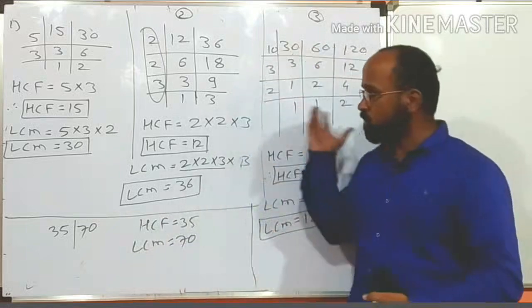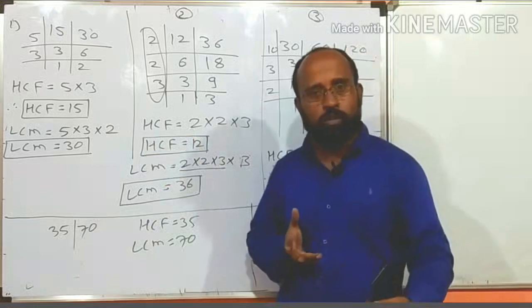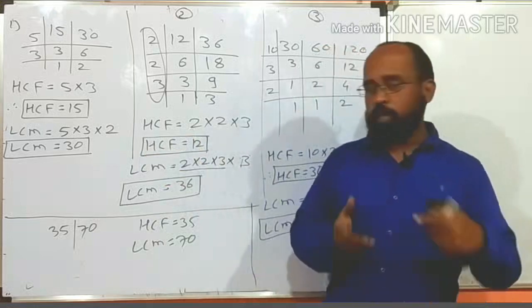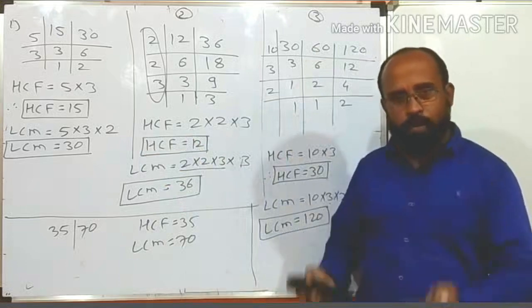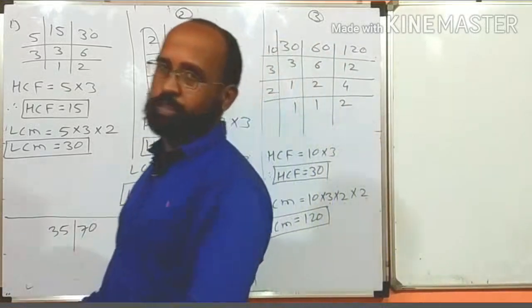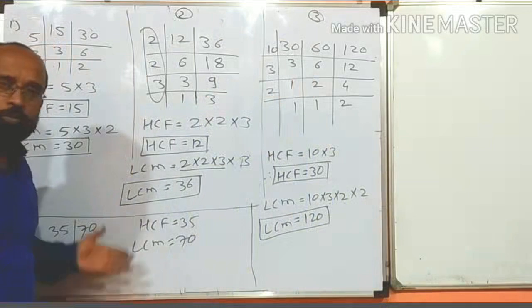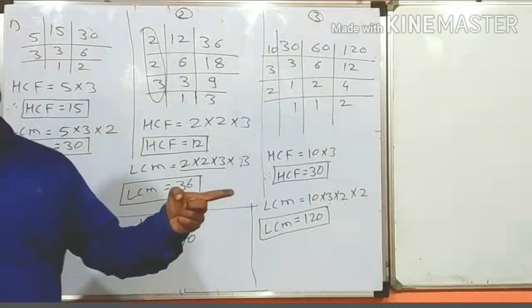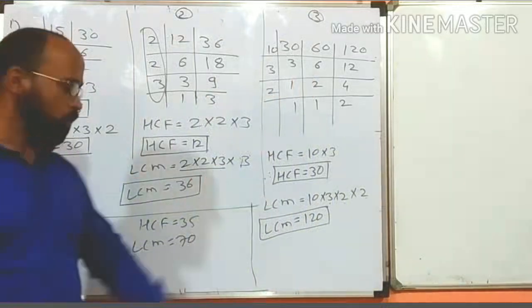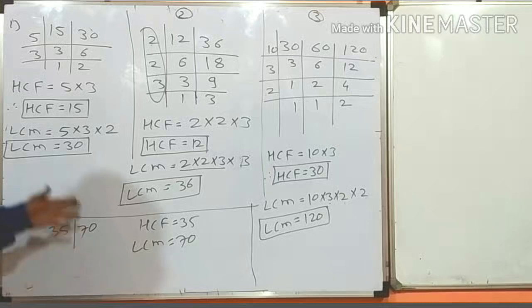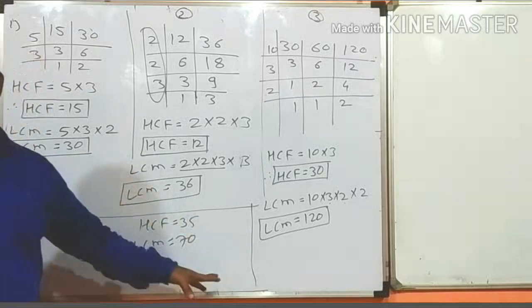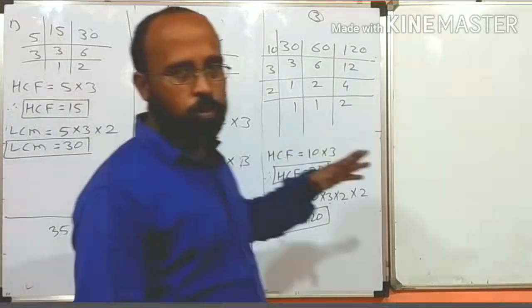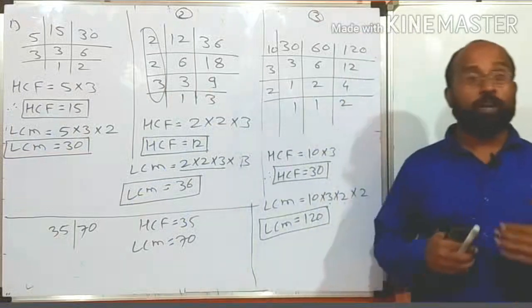I'm taking efforts to convey the rule, right? You have to understand the rule, then you are supposed to use it. Why are we learning the rule if you are not using it? And the smartest way of using the rule is to state the rule and use the rule. So here we will say bigger number is divisible by smaller number, so HCF is smaller number, LCM is bigger number. Don't go into the formality of finding factorization.